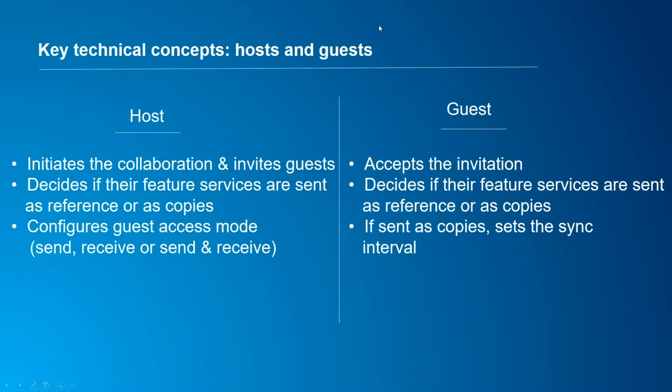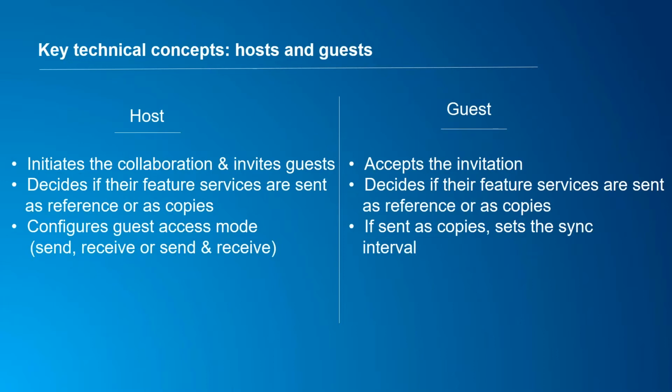The first is this concept of a host and a guest. So in a distributed collaboration, every distributed collaboration needs a host, and then there are guests, and it could be one or more guests to that collaboration. So what's the difference between the two? Well, a host initiates the collaboration and invites the guests. And then the host decides if their feature services, their data served out as feature services, are sent as a reference or as a copy.